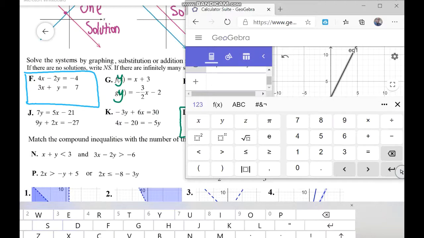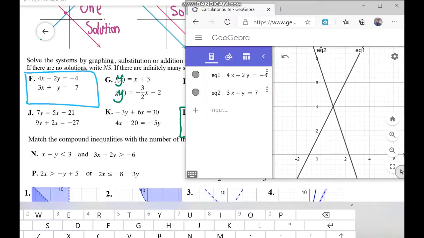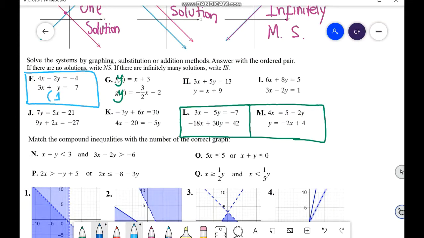Type the second equation, 3x plus y equals 7. The solution is the intersection. You have the lines here. The intersection is x equals 1, y equals 4. The answer is going to be x equals 1, y equals 4. Okay?